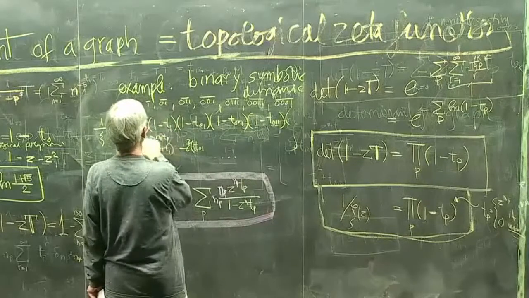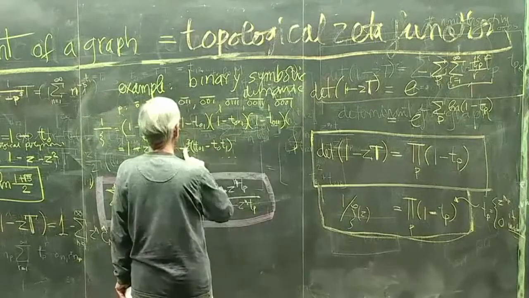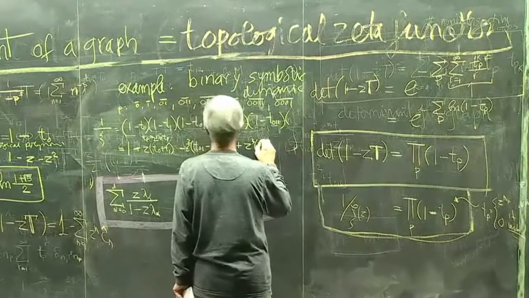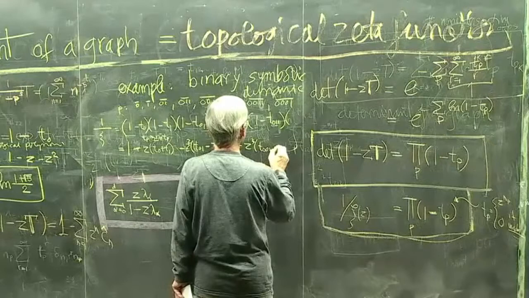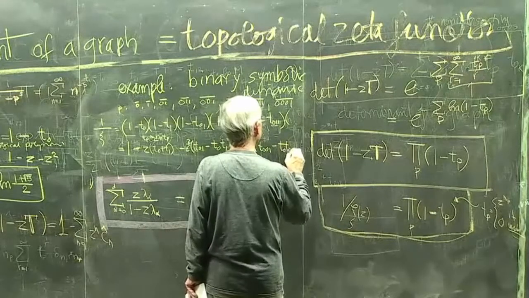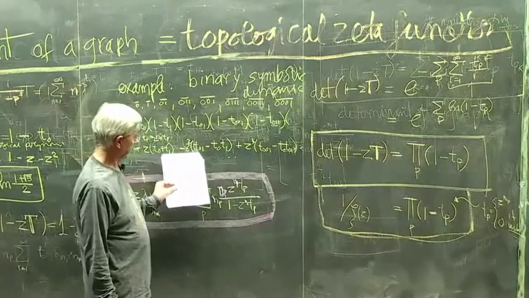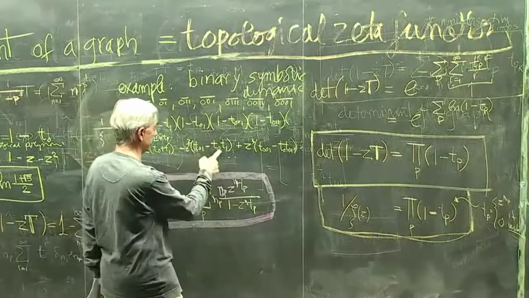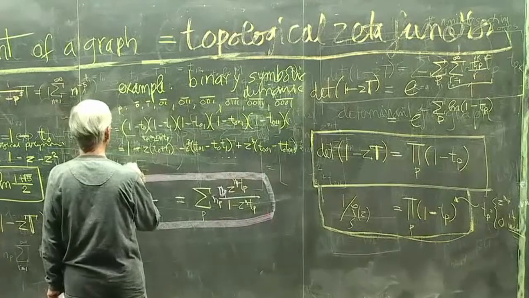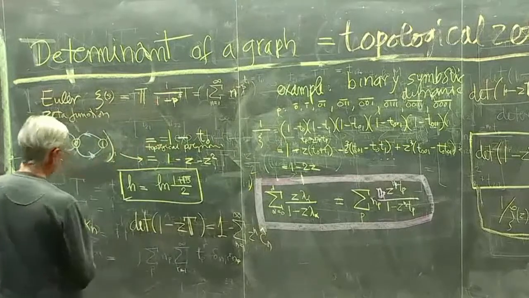Then I have the product of these two guys, minus t0 t1. And you keep expanding this, so you know there's a t001, and there is a product t01 t01, and so on. Now, for cycle counting, this is 1 and this is 1, this is 1 and this is 1, and this is 2. So you get 1 minus 2z. This is precisely what we computed before.